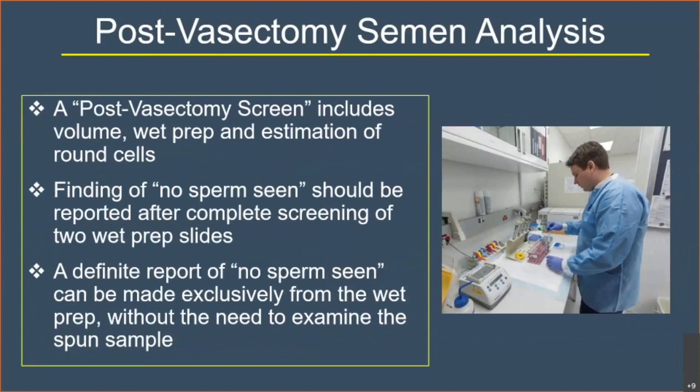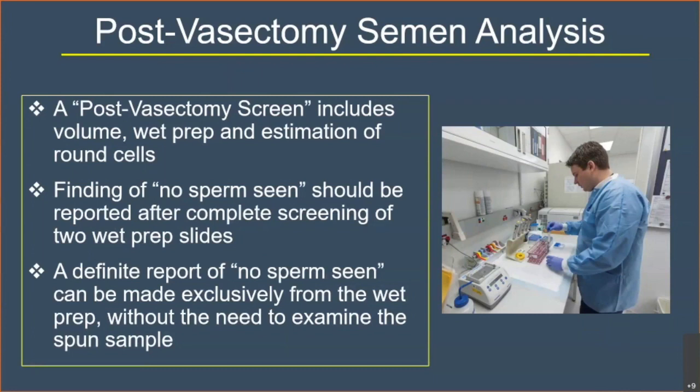So the stepwise protocol in a post-vasectomy semen analysis includes examining the volume of the sample, preparing a wet prep, and estimation of round cells. The finding of no sperm seen should be reported after complete screening of 2 wet prep slides. And these wet prep slides are prepared on a fixed cell chamber.